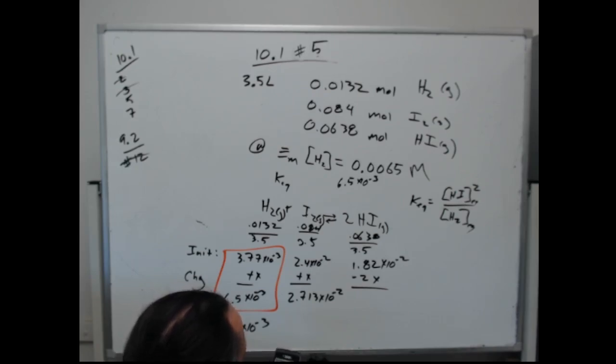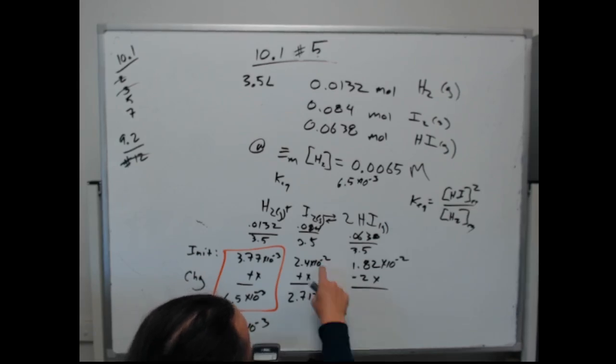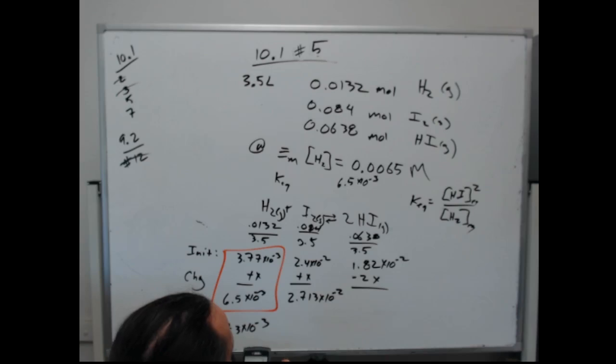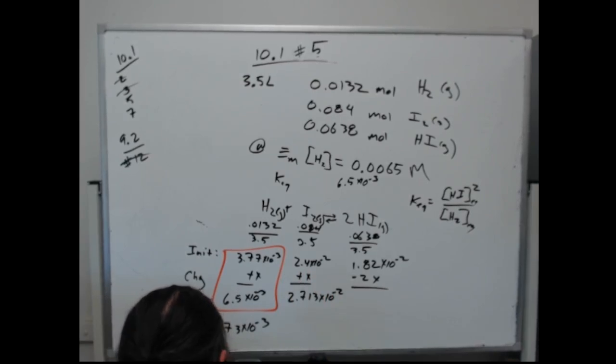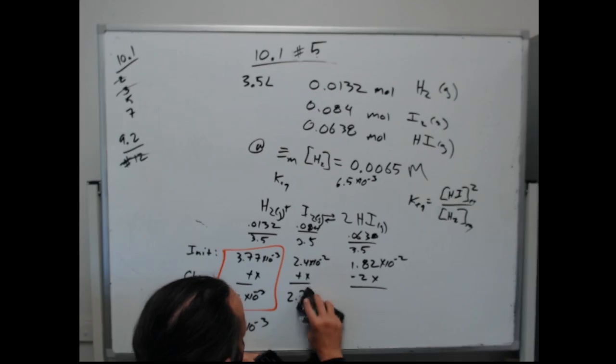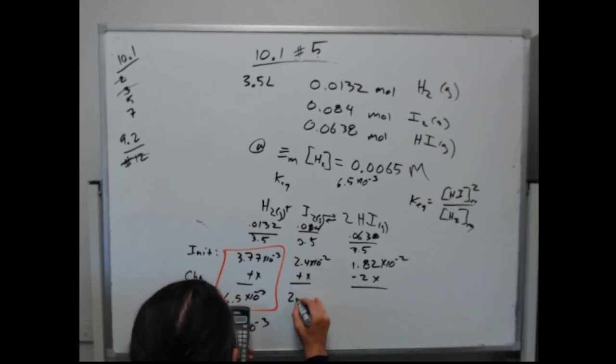Wait, are you sure that's right? The second one? Pretty sure. Wait, did I add or subtract? I added. Maybe I did it wrong. Right, 2.73 plus 2.4, unless I rounded too much, but I think that's right. I'm getting 0.02673. Plus 2.73 times 10 to the minus 3. Oh yeah. I messed up someplace. Thank you.